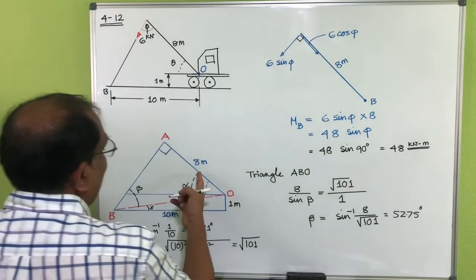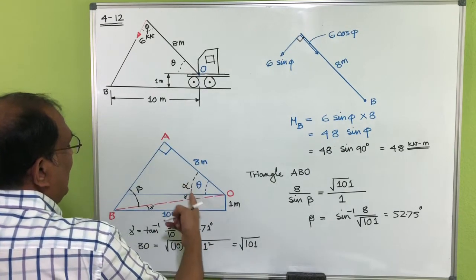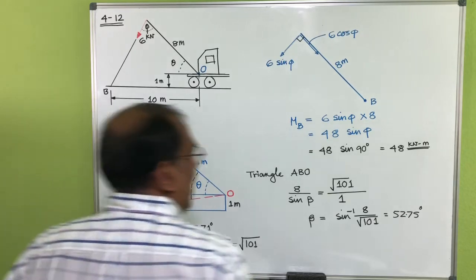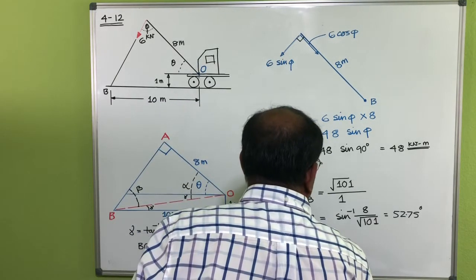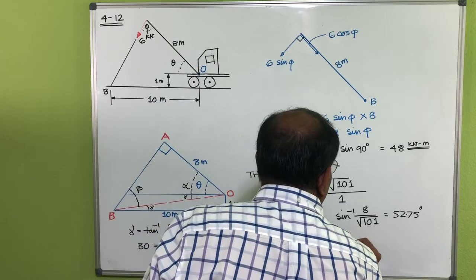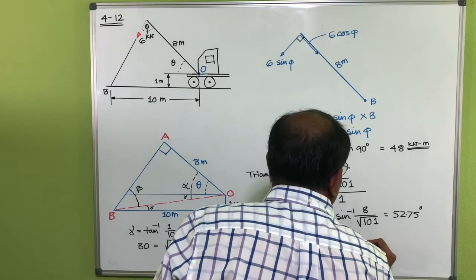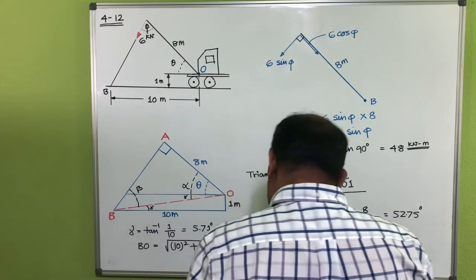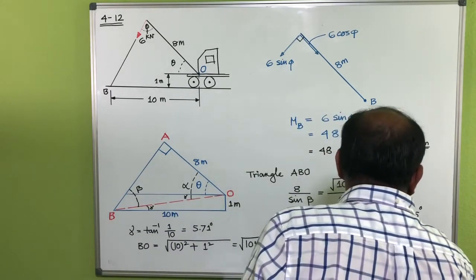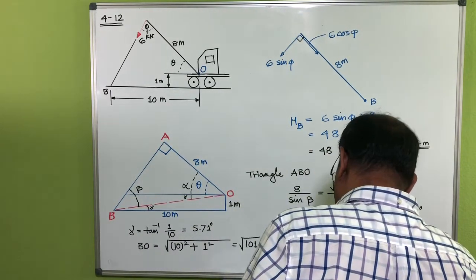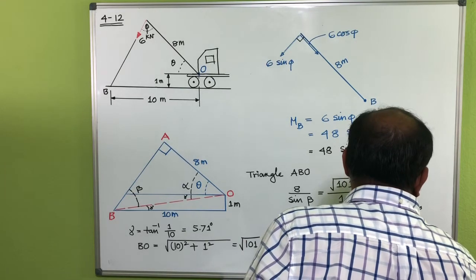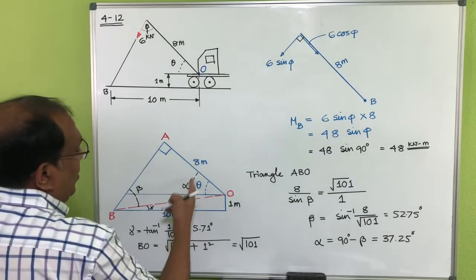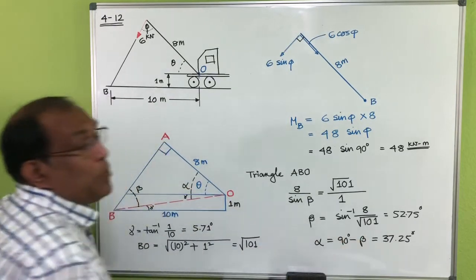So you can see then alpha would be, because this is 90, alpha would be 90 minus beta, which is actually 37.25 degrees. Okay? So alpha would be 37.25.